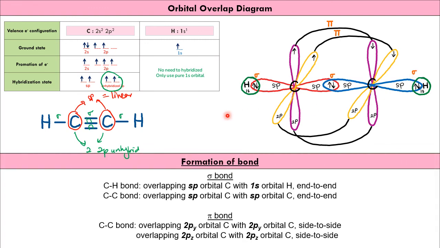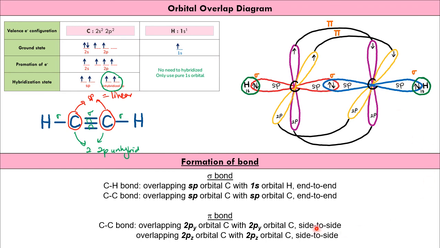Okay, so for the explanation, formation of bond, sigma bond, carbon hydrogen orbital, overlapping of sp carbon and 1s hydrogen end to end. Kemudian carbon-carbon, overlapping of sp carbon yang pertama with sp carbon yang kedua, again end to end overlap.